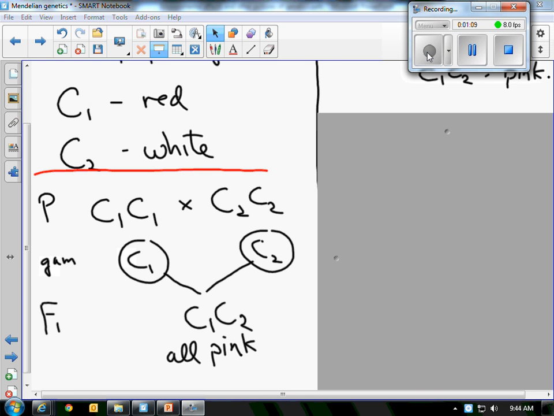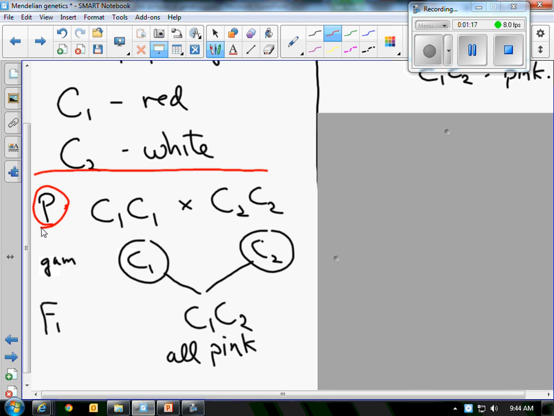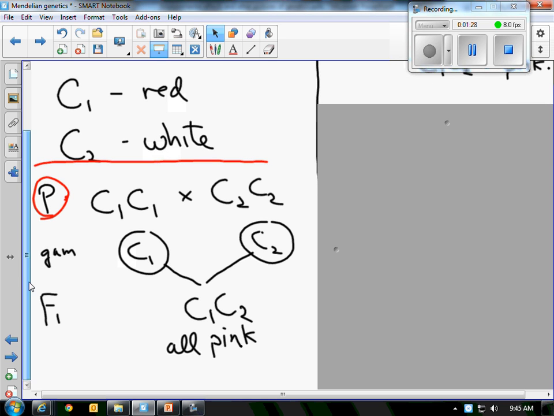So suppose the parents, look right here, are a red snapdragon and a white snapdragon. So they're both homozygous. And so you see the only possible gamete, you may write both of them if you want and put it on a Punnett square, but when it's only one possible gamete, it might be simpler just to show it like this.